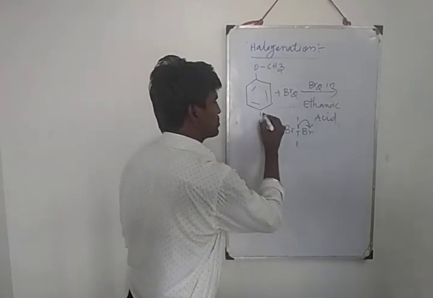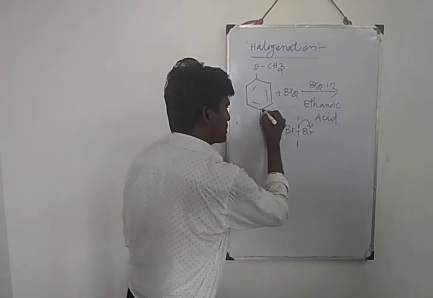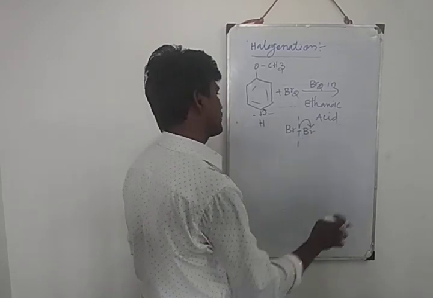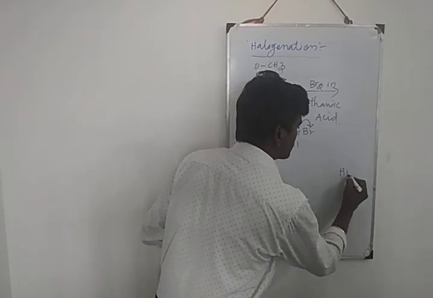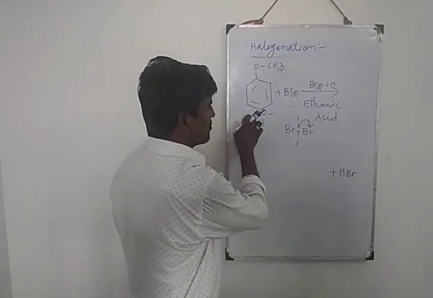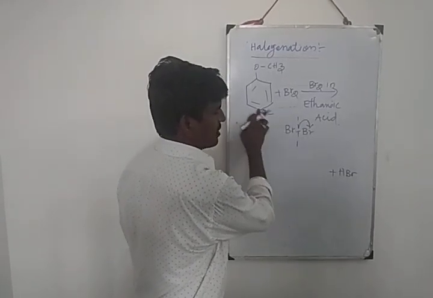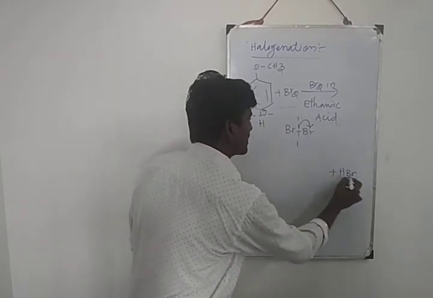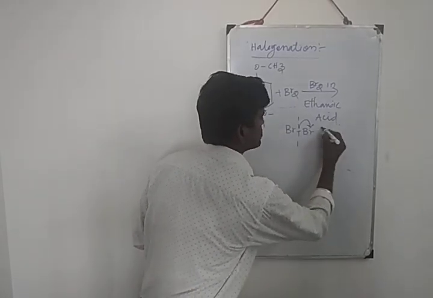Which one is more electronegative? Carbon. So here also the bond breaks. H plus, Br minus. So bond formation, HBr is removed. Next, this carbon charge is minus. Br plus. So bond formation between phenyl carbon and bromine. This is the byproduct, HBr.